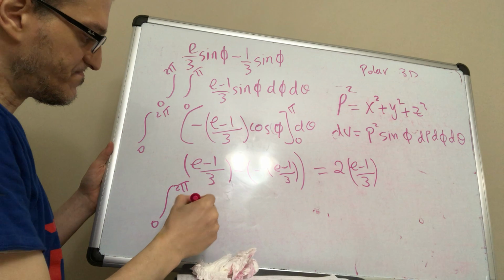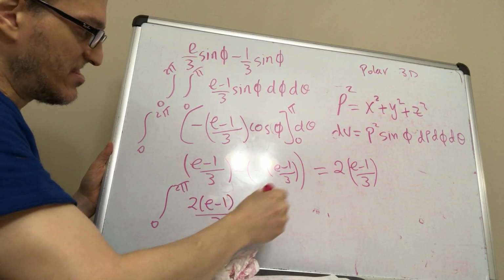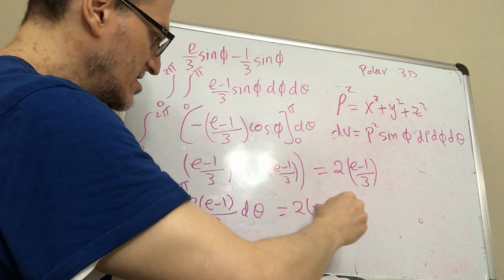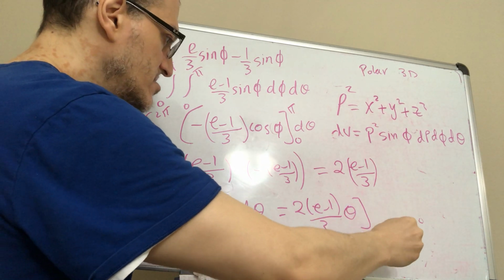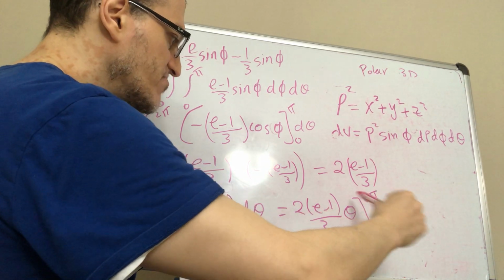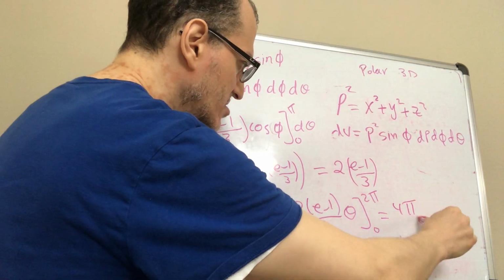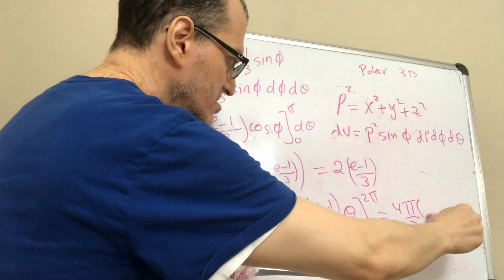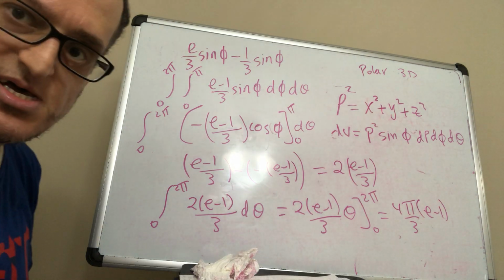That's what you're integrating from 0 to 2 pi, d theta. Integral of this obviously would be the constant times theta, from 0 to 2 pi. Plug the 2 pi, gives you 4 pi over 3 times e minus 1 minus 0, so that's the final answer.